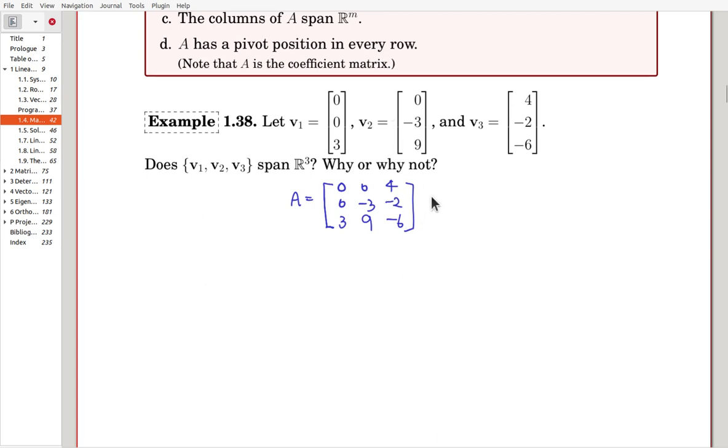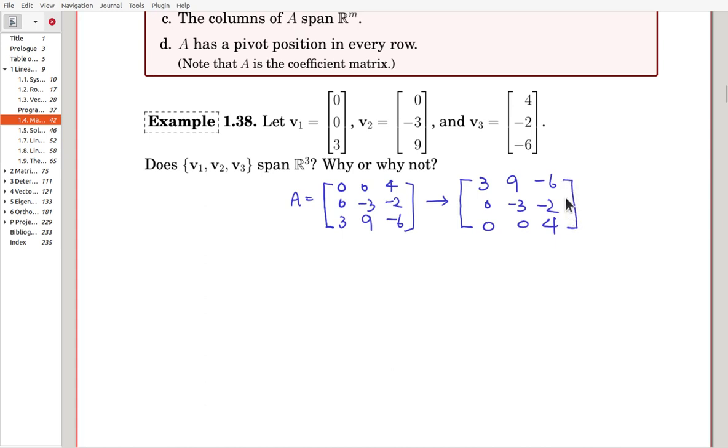From here, this entry is non-zero, so we can interchange the third row and the first row, for example. Then it's 3, 9, minus 6, and the second row is the same, 0, minus 3, minus 2, and 0, 0, 4.